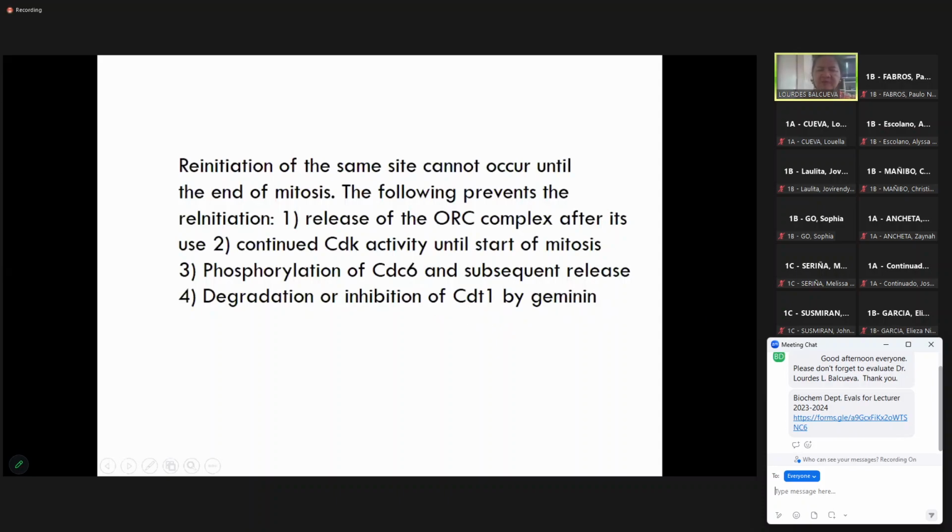Okay, so please remember those things that can prevent the reinitiation of the already initiated ARS.